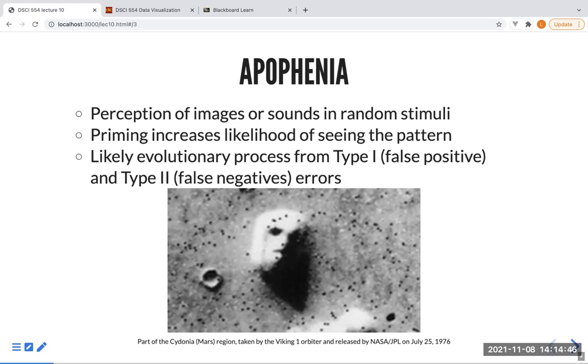So you see typical examples here of these pictures that NASA has taken. This is on Mars. So the shading is such that we see a face there. Obviously, if you change the way the scene is shaded, you will see that there is no face at all.